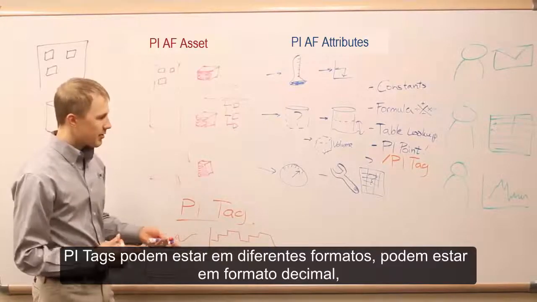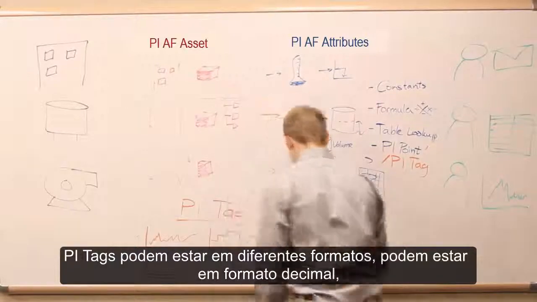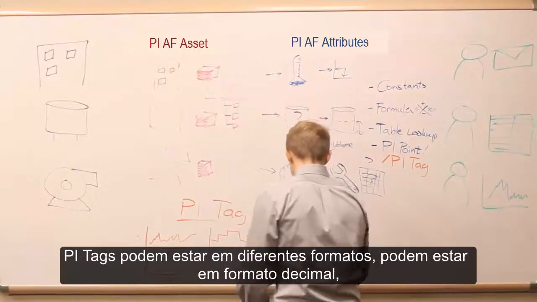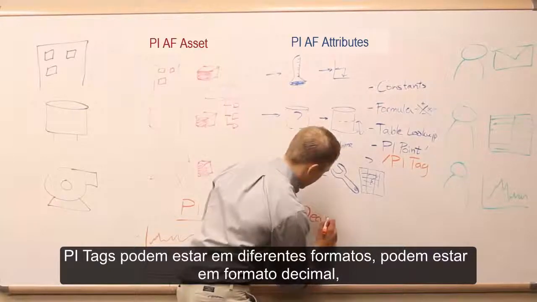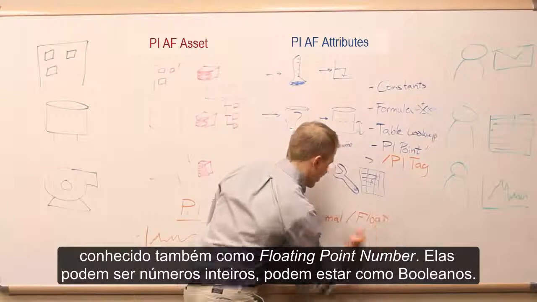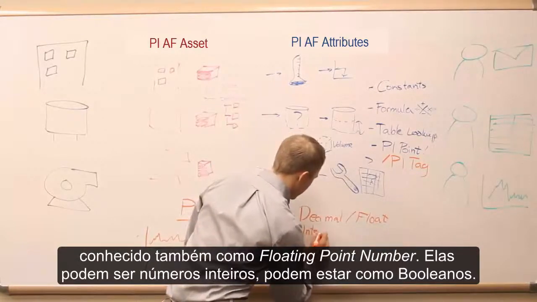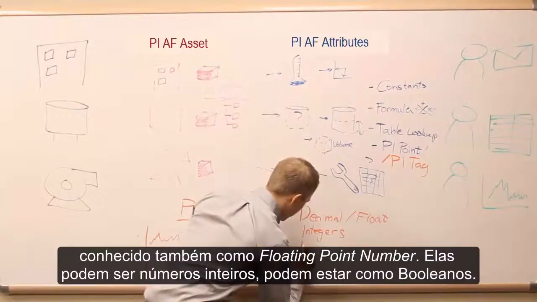Now, PI tags can come in different data types. We can just have a decimal place. We also might call this a floating point number. They can be integers. They can be Boolean.